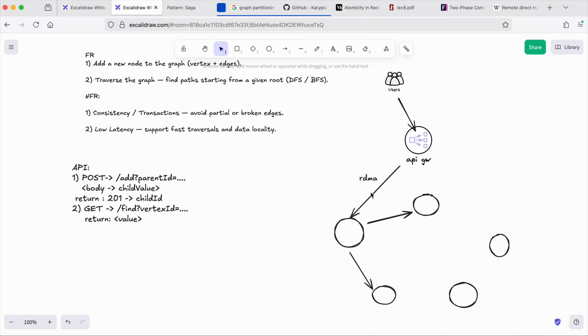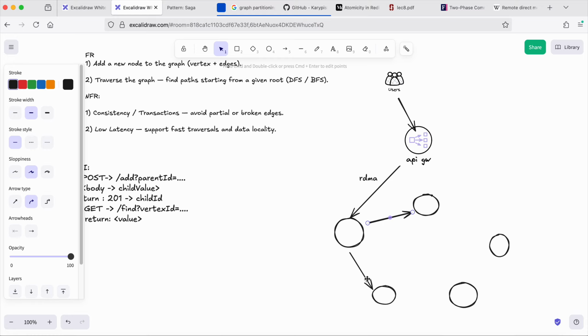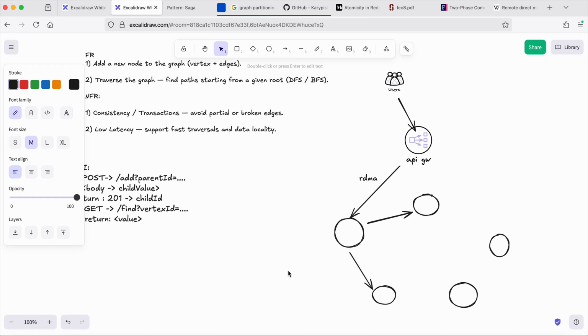We are just going to update our graph first of all, and after that we will check. Let me add here transactions. The first flow is about using optimistic concurrency control.